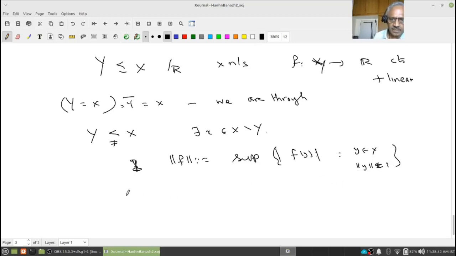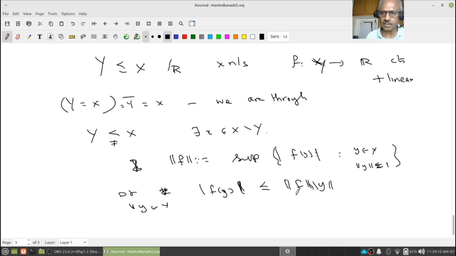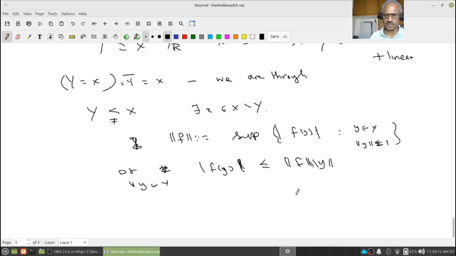This says that mod F(y) is less than or equal to norm of F into norm of y for every y in Y. This is what it means for F to be a continuous linear functional.